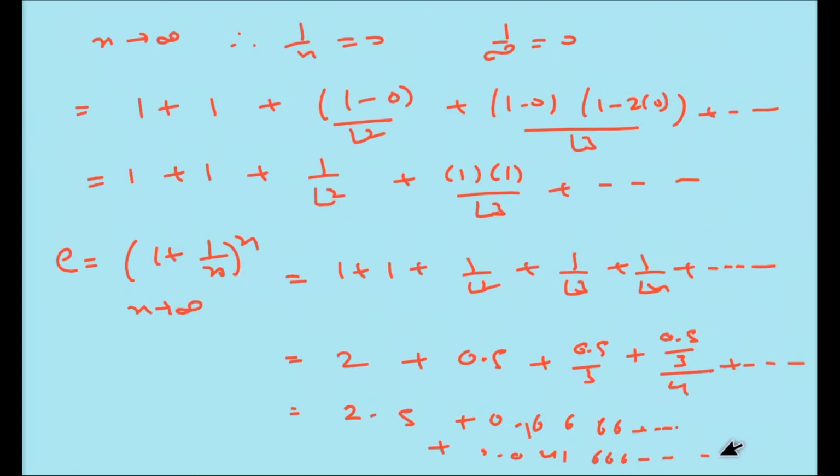This way, if you want more decimal places, you can find up to 9 places. Adding these we get the value of e. e is 2.718277. If you take more terms you will see the value change. So you have to learn 2.718 up to 3 or 4 decimals, so you can use it in other questions.